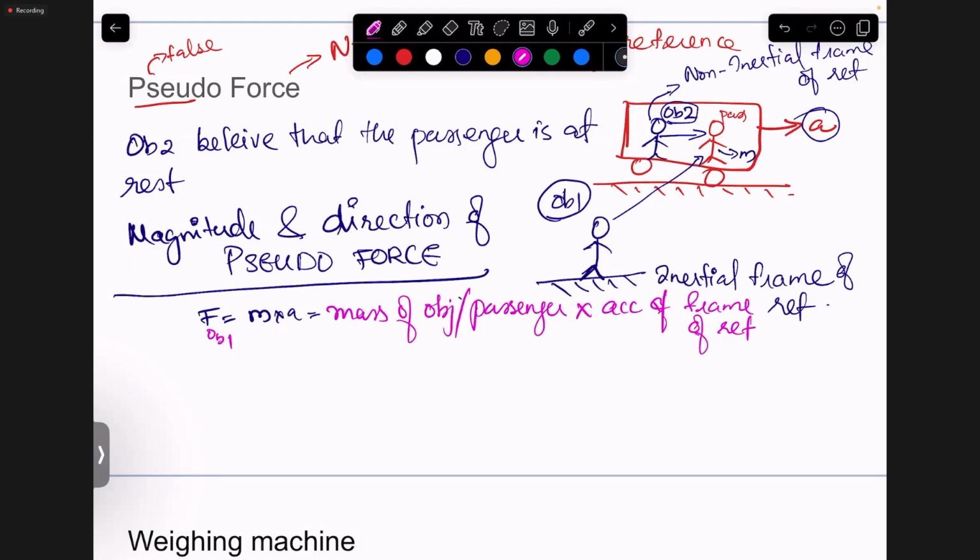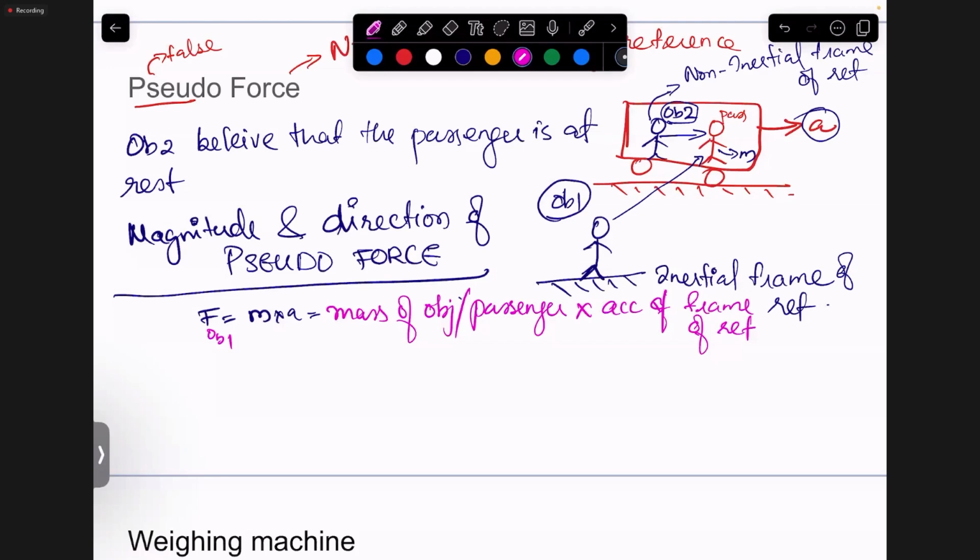So for observer one, this passenger has a force acting on him or her, which is accelerating that person with an acceleration of a. This force F is something which observer one thinks is accelerating this passenger at an acceleration of a.